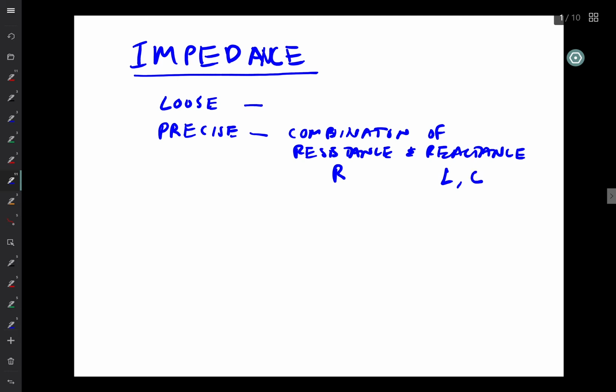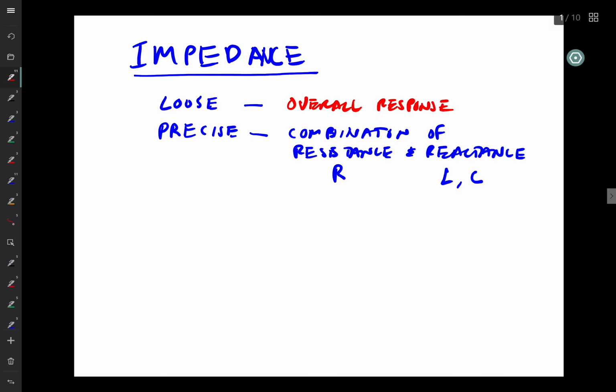In the loose sense, however, it's really the sense that we tend to think about it in terms of the electronics class. In a general sense, it is the sort of overall response of a circuit to an applied voltage and finding an applied current.